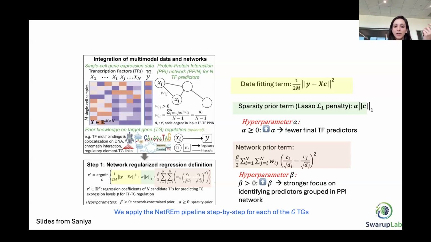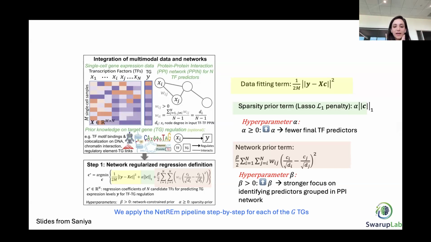Another hyperparameter that we can tune here is beta. Beta is based on the previously known PPI interaction. So with the transcription factor network that we have, with beta we can decide how much of that interaction we want to save. The higher the beta, the more we are respecting the known transcription factor association.